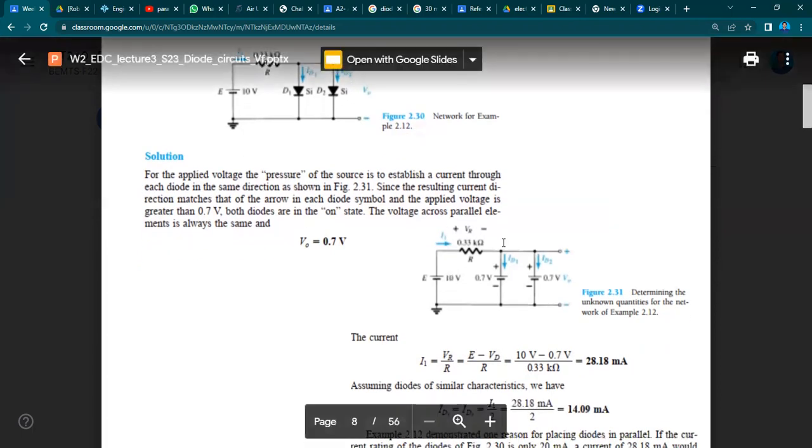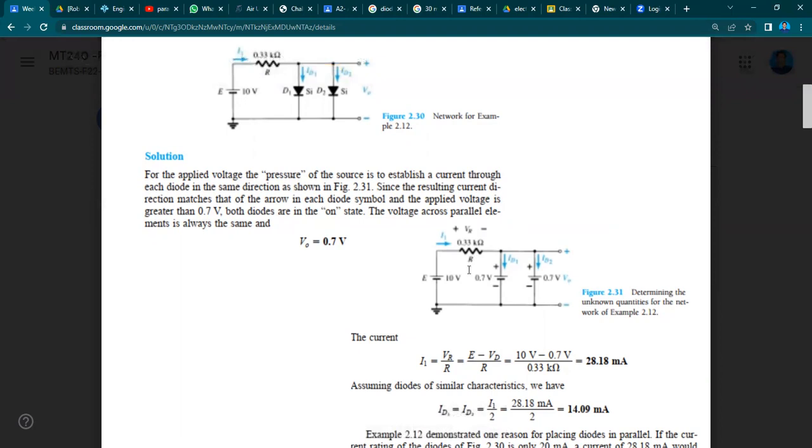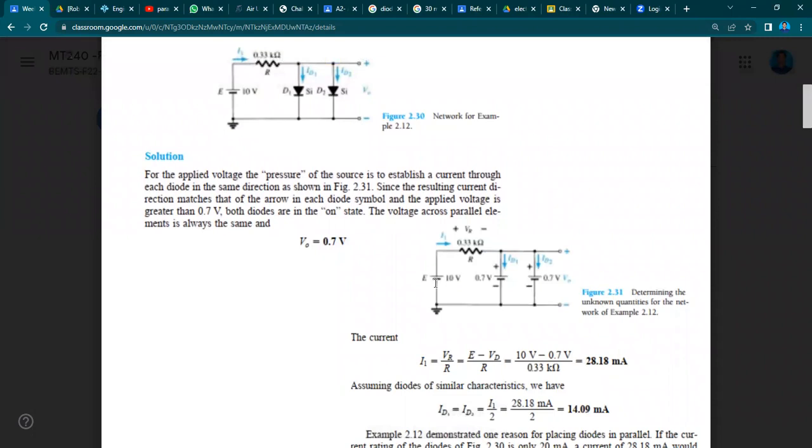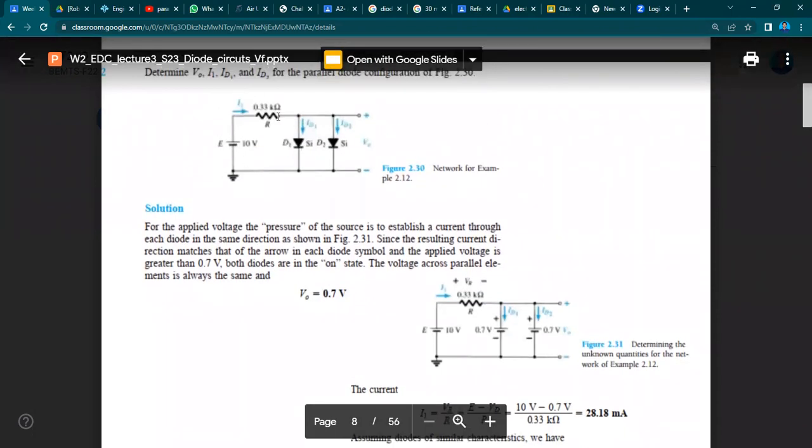To find the current through this resistor, or I1, we can apply KVL here.